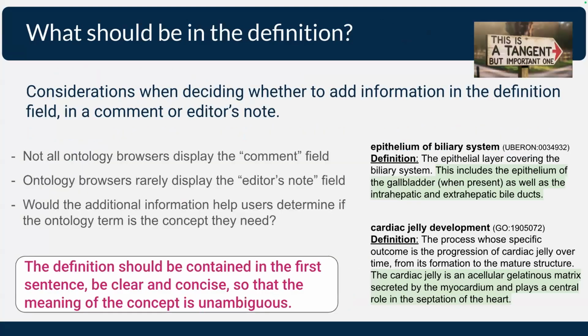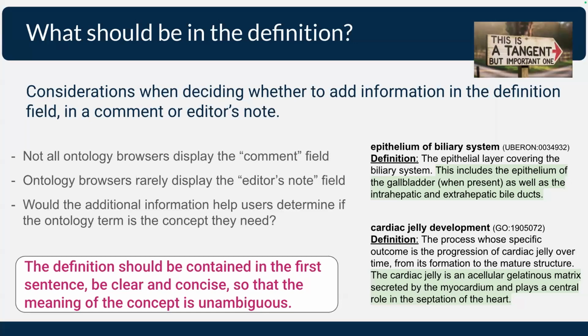So let's take another detour, because I know this is coming. How do you decide whether something should be in the definition or whether something should be in a comment or in an editor's note? This is a very good question. I don't have a clear answer. What I can tell you is that there are a few things that you should think about and consider when you are in this situation.